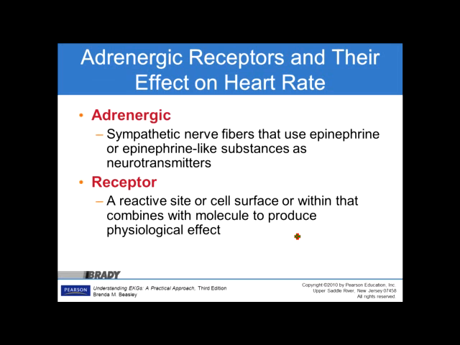And a receptor is a reactive site on a cell surface or within a cell that combines with molecules to produce a physiological effect. Example of this: if I had a button that when pressed would increase the rate of the heart, this is what a receptor would be. This receptor, depending on who it responded to, in this case we're considering it an adrenergic receptor, this one would respond to a beta-1 stimulant.